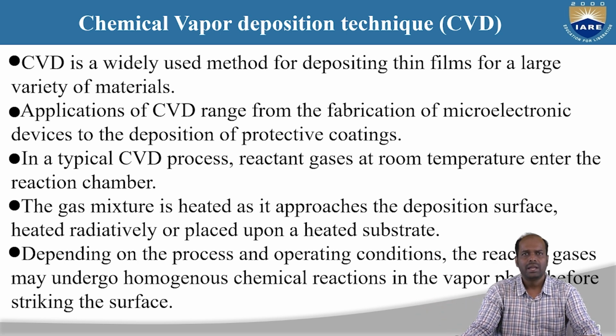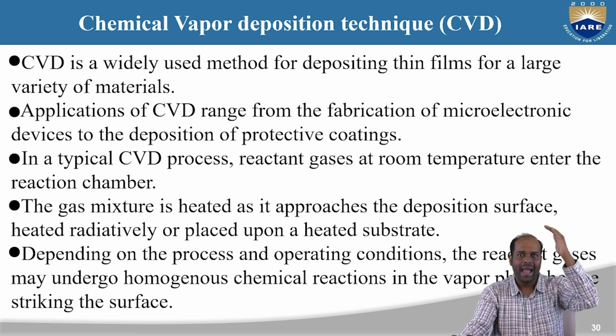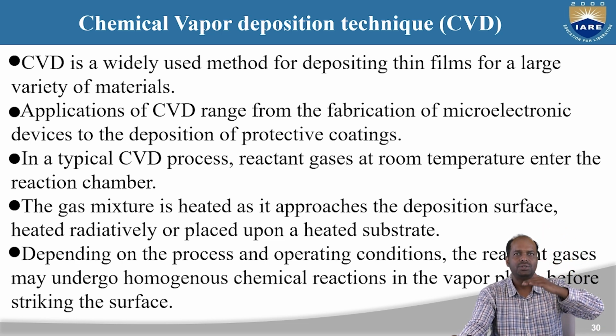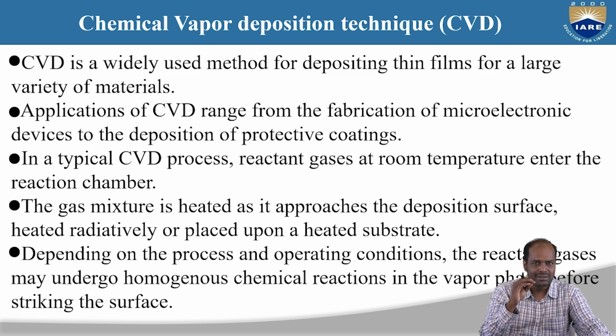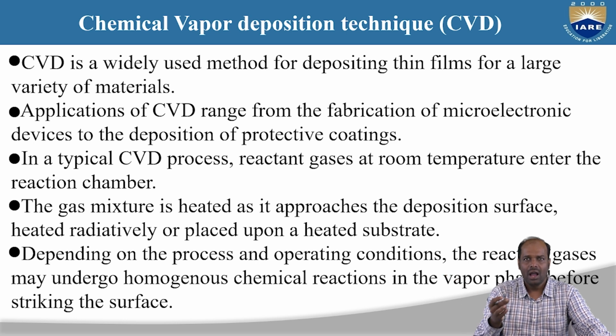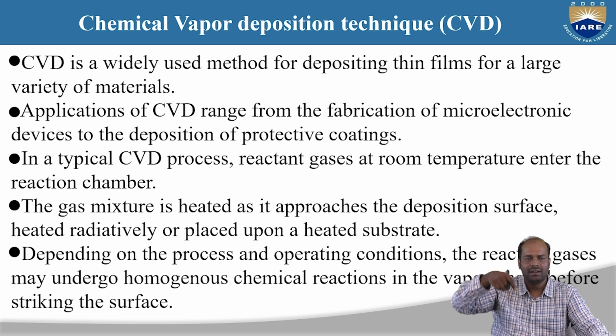In a typical chemical vapor deposition process, reactant gases at room temperature enter the reaction chamber. The gas mixture is heated radiatively as it approaches the deposition surface, and the precursors are deposited over the heated substrate directly.